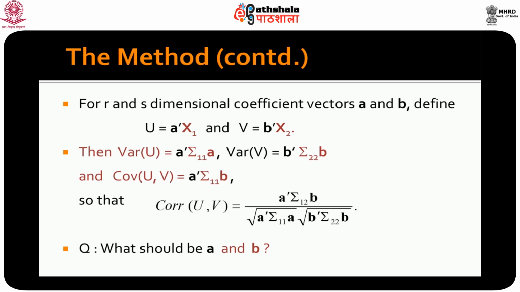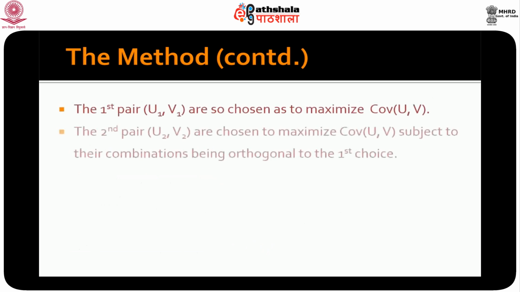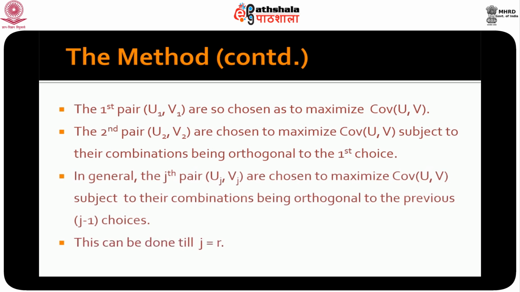And the correlation between u and v is therefore given by a prime sigma 1 2 b divided by the square root of a prime sigma 1 1 a times b prime sigma 2 2 b. Now, the question is, what should be our choice of a and b? We define it this way. The first pair of canonical variables, that means the first pair of u and v, is such that it maximizes the correlation between u and v. So, we will choose a and b in a manner which would maximize the correlation of u and v.